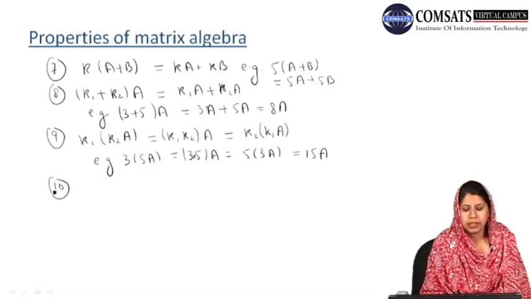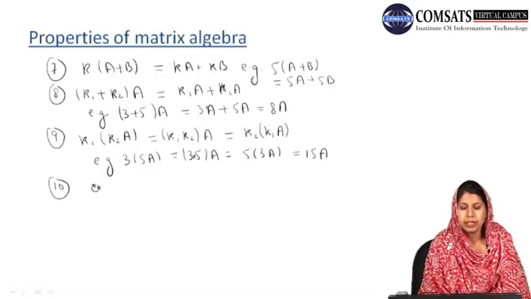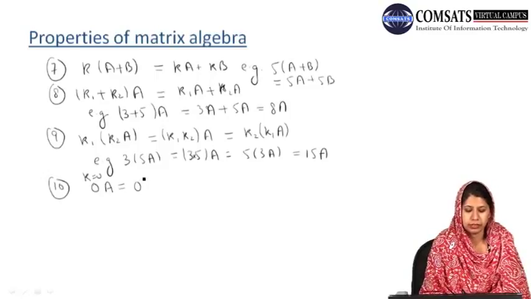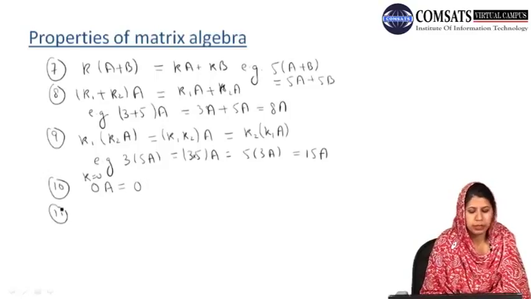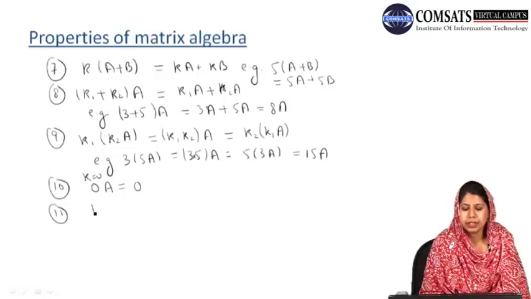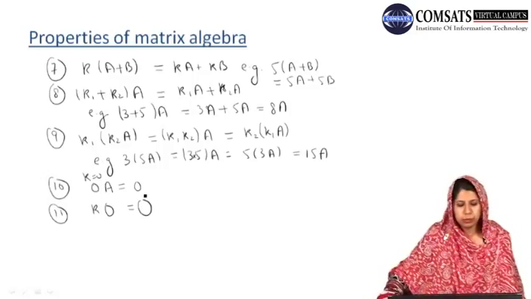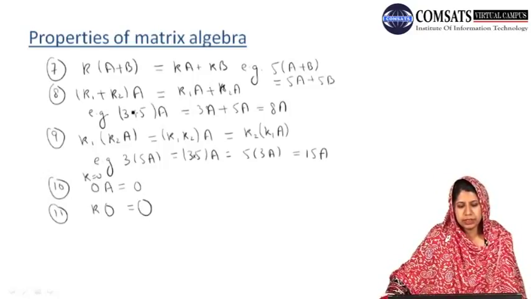Our 10th property is that the scalar multiple of a matrix with k equal to 0 is nothing but a zero matrix. And the 11th property says that a scalar multiple of a zero matrix is again a zero matrix. We have a few more properties of matrix algebra.